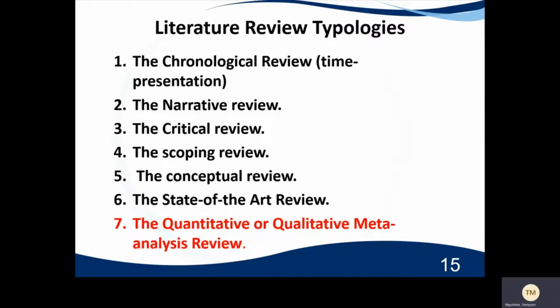But a critical review would maybe have a section that says, what is the role of media in predicting violence? They're essentially covering the same thing, but one is really explicit in that it is covering critical questions that are being asked by those in the field.